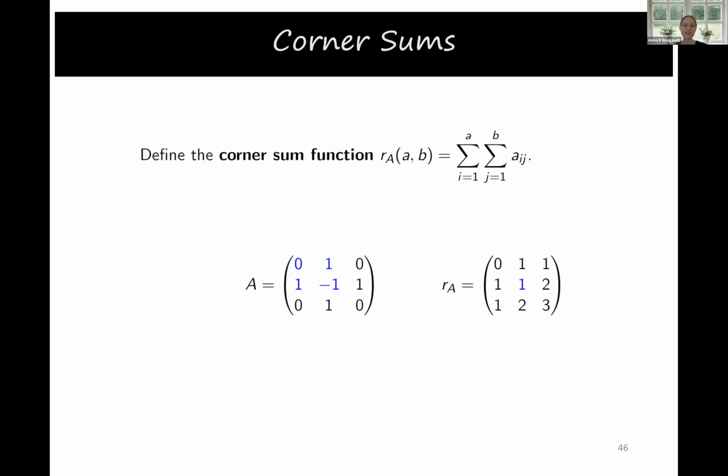So we're going to define this corner sum function on ASMs. It's kind of what it sounds like. We take these maximal submatrices starting at position 1, 1, and then in the corresponding bottom corner, we sum up the entries that we boxed together. So here 0 plus 1 plus 1 plus -1 gives us that 1 that I've boxed in on the corner sum function.